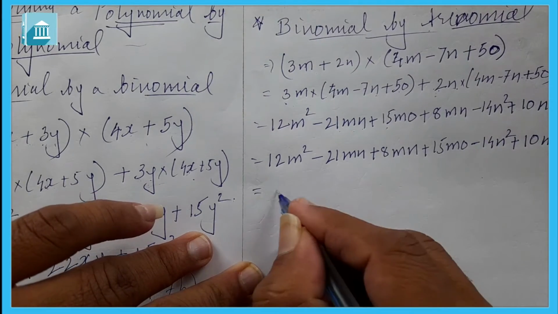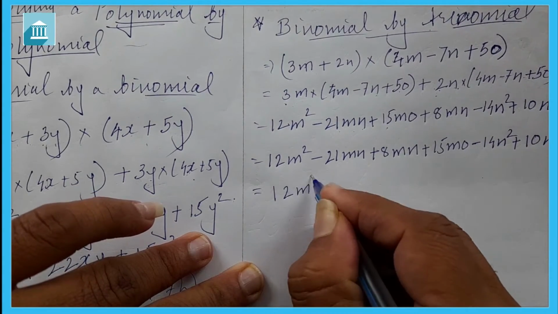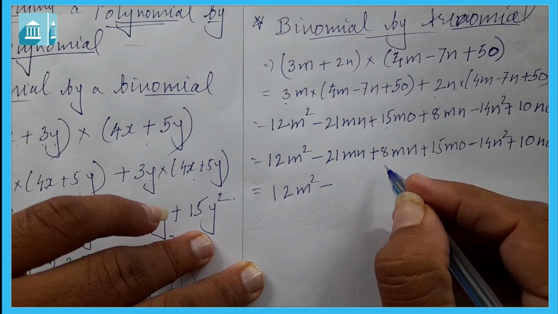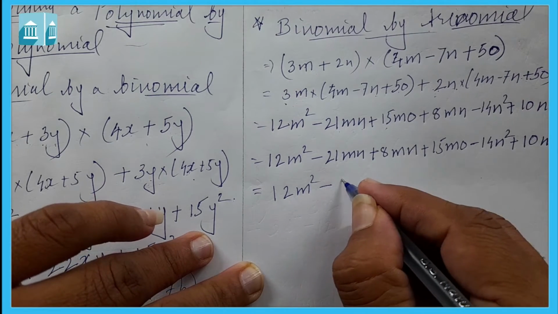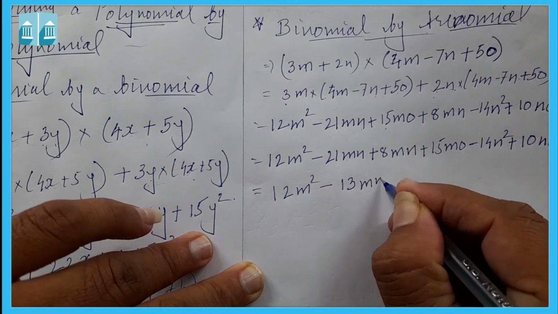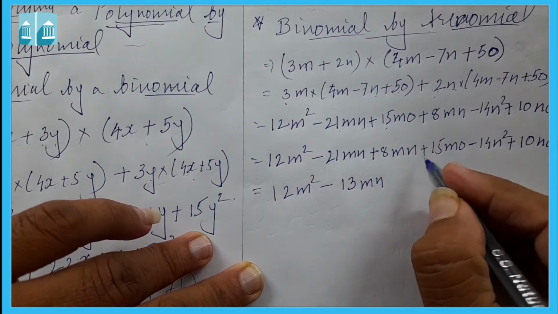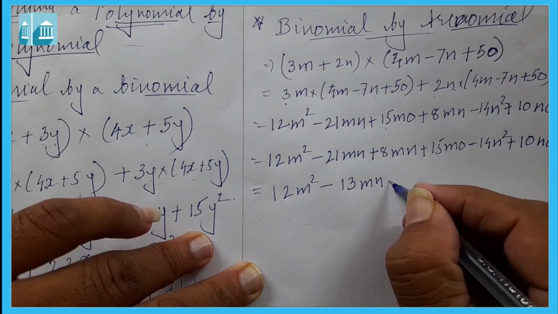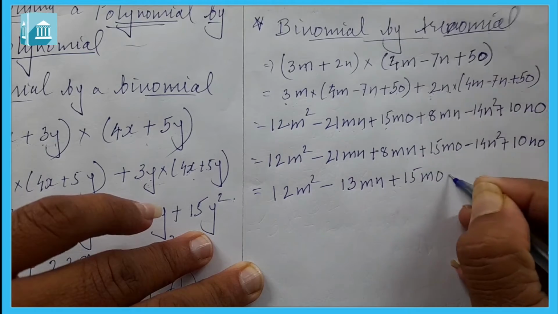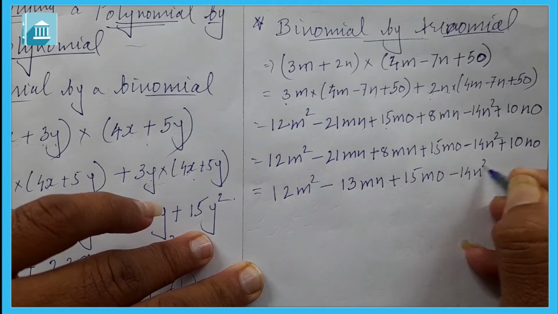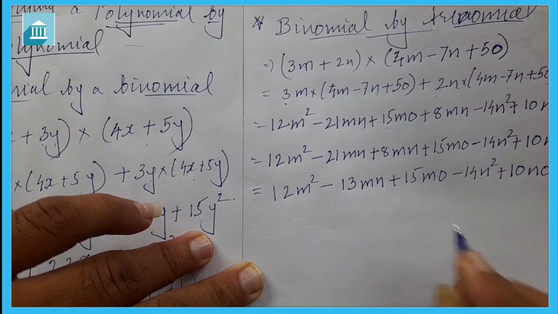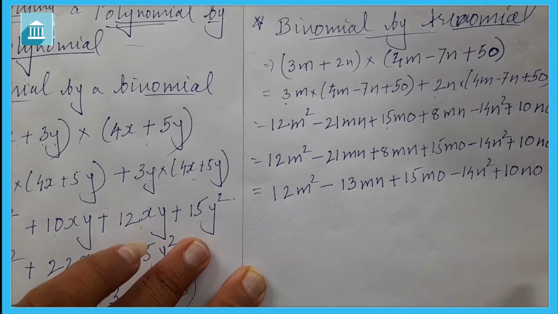So this will be 12m square, minus 21 plus 8 is equal to minus 13mn, then plus 15mo minus 14n square plus 10no. Now no like term is there, so this will be the answer.